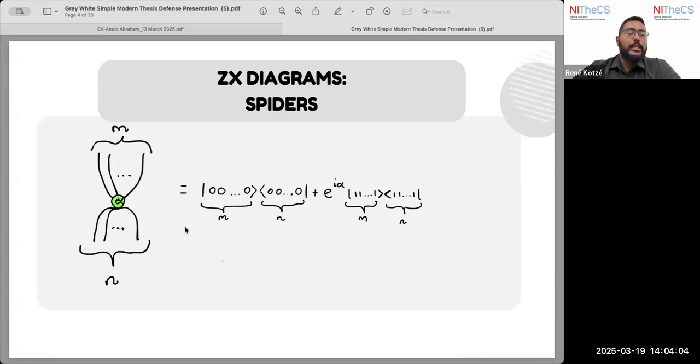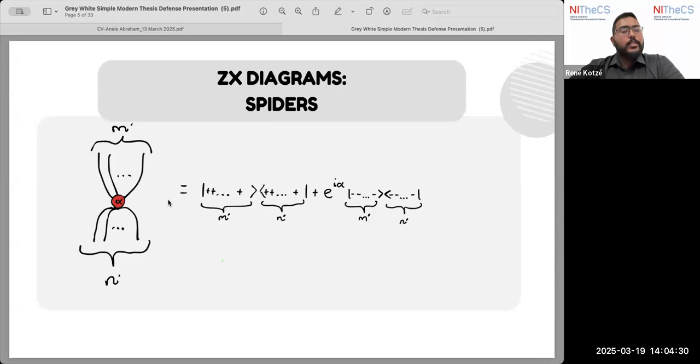Now, the way to interpret this spider is by this diagram here, where we are working in the Z basis, or the computational basis, which is the 0, 1 basis on your Bloch sphere. And here we have e to the i alpha, denoting that phase alpha. Another convention is that when we don't write in a phase, we take it as phase 0.